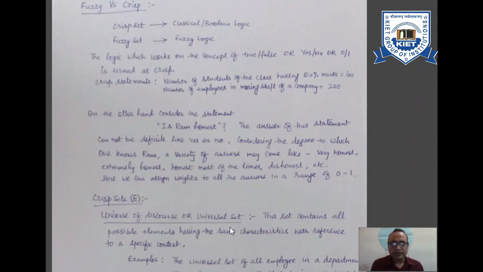Like I told you one example a few minutes before, if I ask you to make a set of tall students, in that case the universe of discourse is the class itself. For example, there are 100 students in a class, so in that universe of discourse there are 100 students. When you are asked to make a fuzzy set, all the 100 students will come in the fuzzy set.